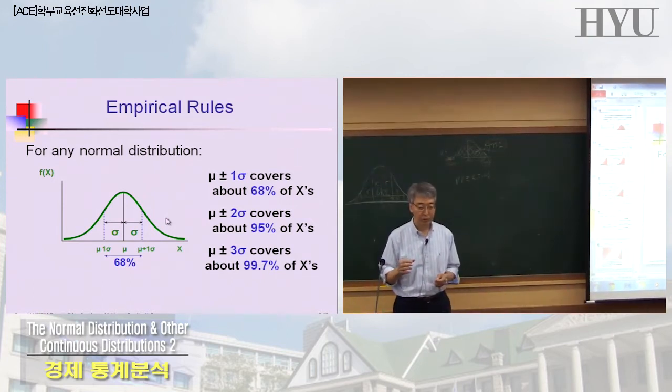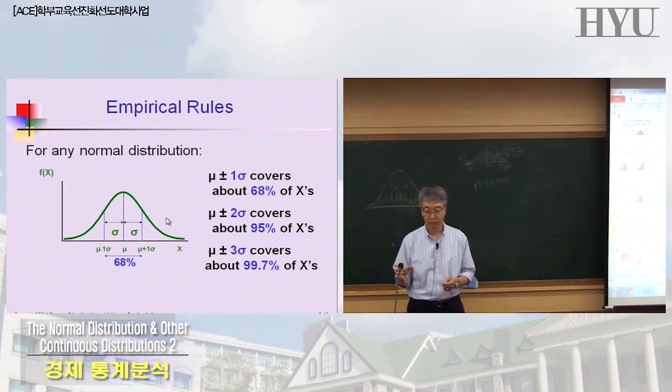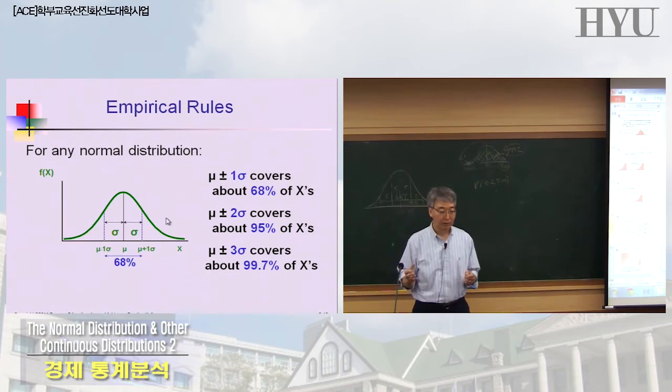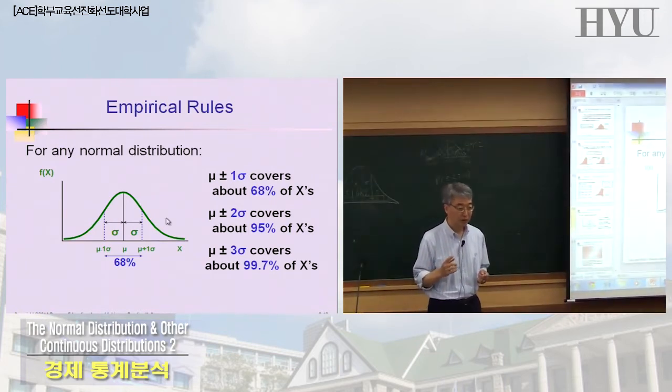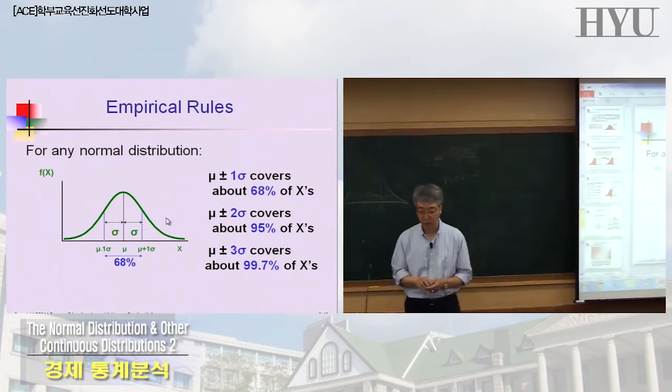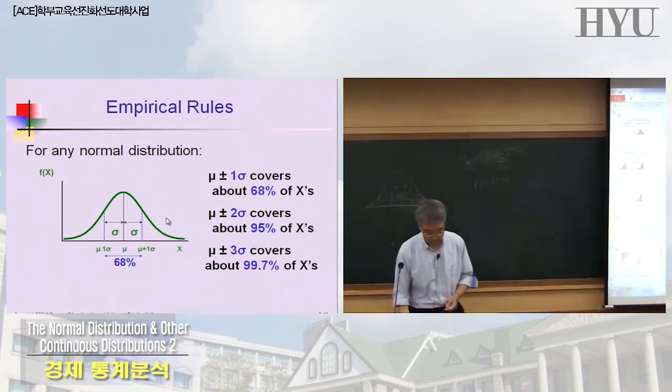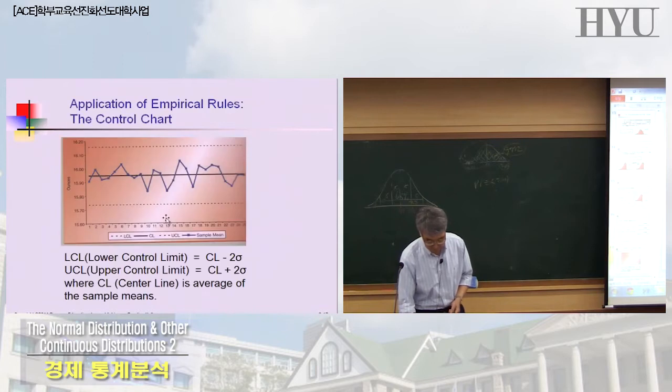But if somewhere between 65 and 70% of the distribution is found within one standard deviation, well, that qualifies, it satisfies at least one condition for normal distribution, okay? And so on. So here's an application.